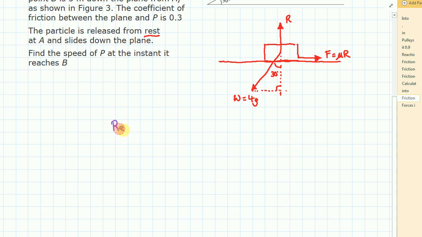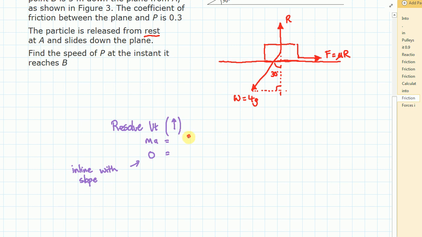So resolve vertically, and let's say that positive is up. Motion vertically is 0. It's staying in line with the plane, so it's not being lifted up at all, so there's no motion vertically.